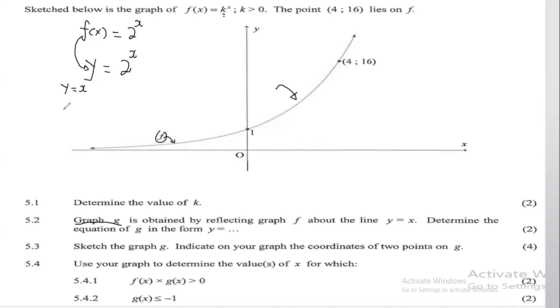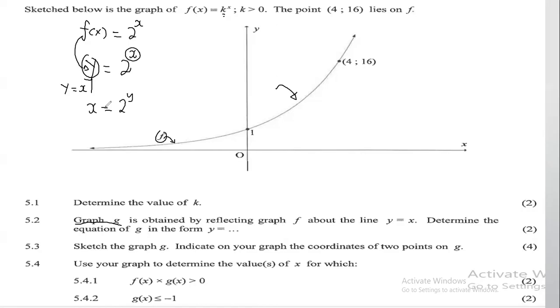When you reflect about the line y equals x, you simply swap your variables. Where there is y, you put x, and where there is x, you put y. So that's what you have done: you have reflected about the line y equals x.